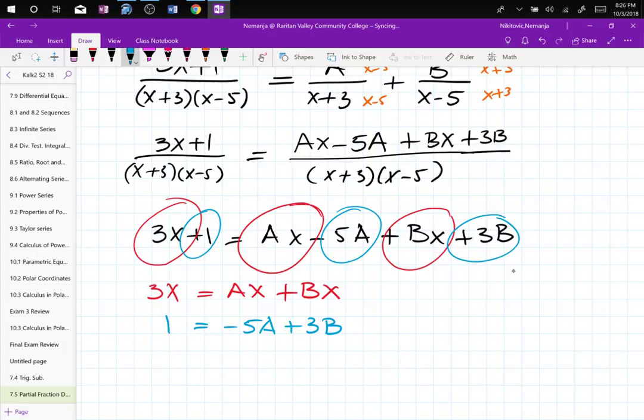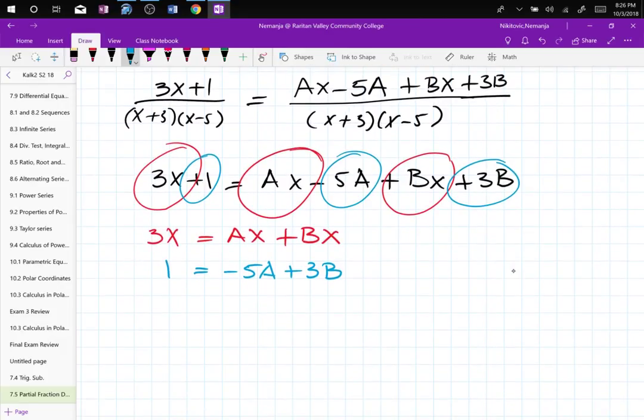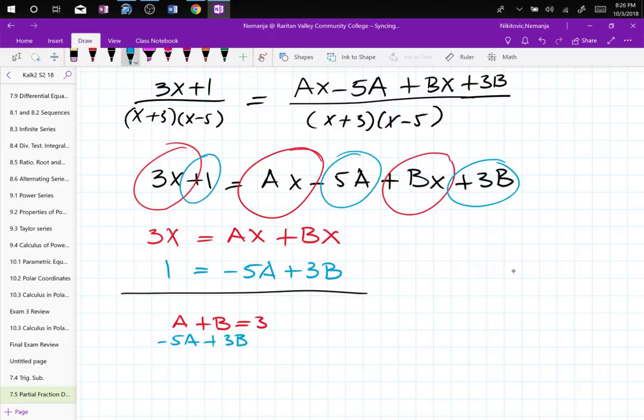That's it. So you notice that you can cancel x in the top equation, right? So here we go. The red equation is now a plus b equals 3, and the blue equation is negative 5a plus 3b equals 1.